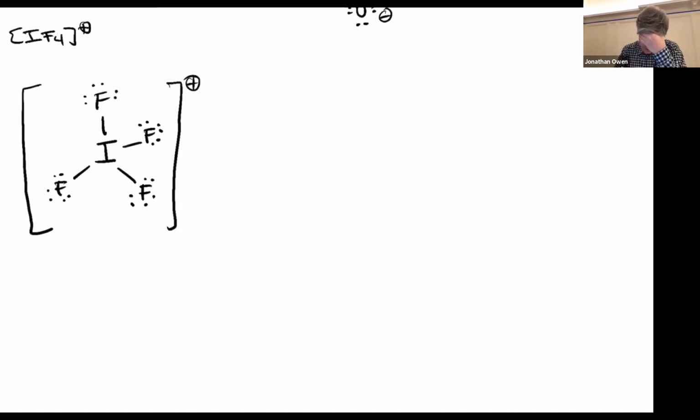Now I need to make sure that I have the right number of valence electrons. In each of these covalent bonds, I know that fluorine contributes 1, iodine contributes the other. So that means 1, 2, 3, 4 of iodine's 7 valence electrons has been used. So I have 3 left. And one of them is going to make up the positive charge.